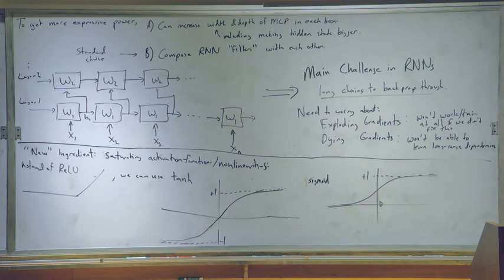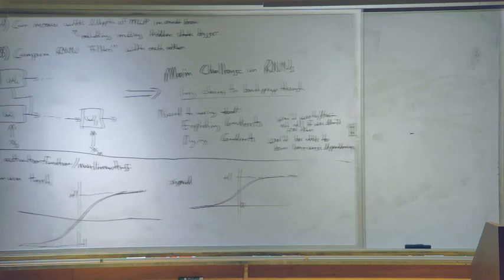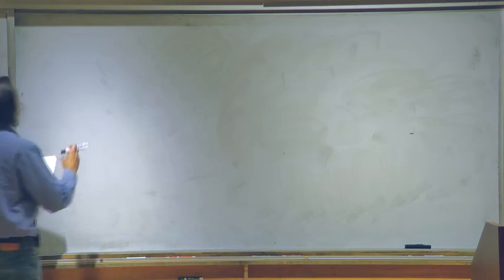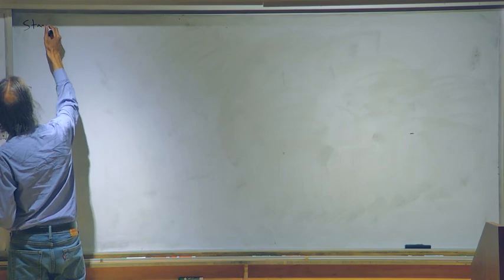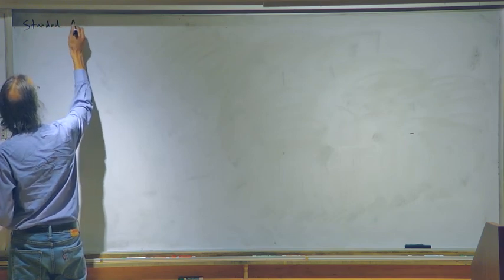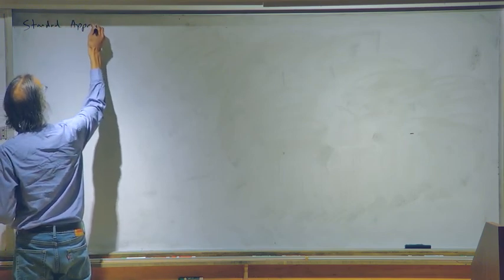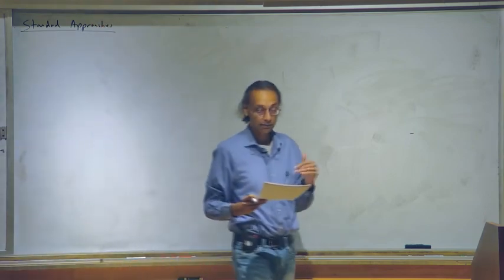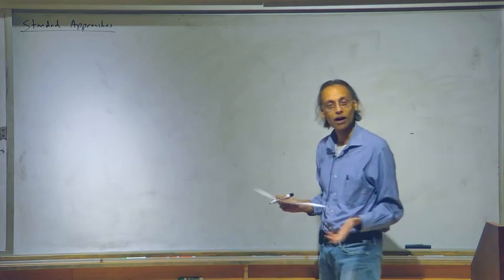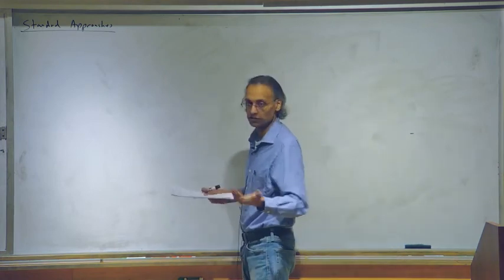Okay, so this is the one new ingredient. Let's talk about more ingredients now, standard ingredients. So recall standard approaches, and we'll talk about which ones of those have some difficulty or which ones are straightforward.